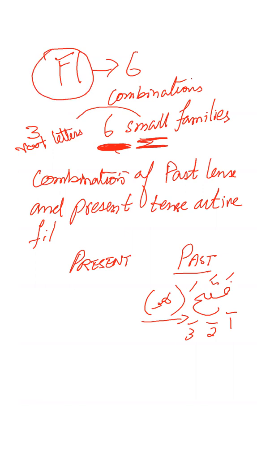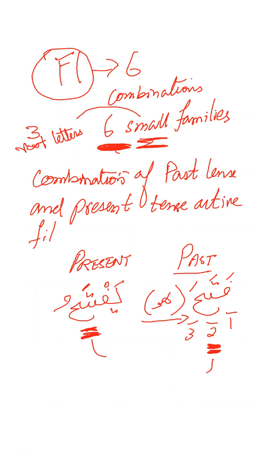So the haraka on the middle letter is very important, because this and the haraka on the same letter here are the combination that decide which family a verb belongs to.